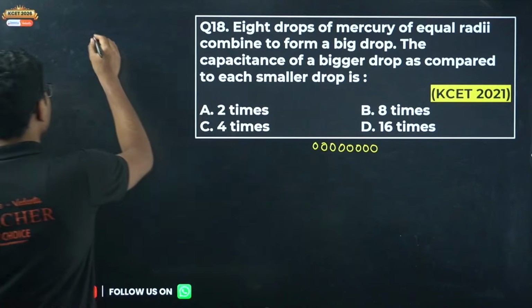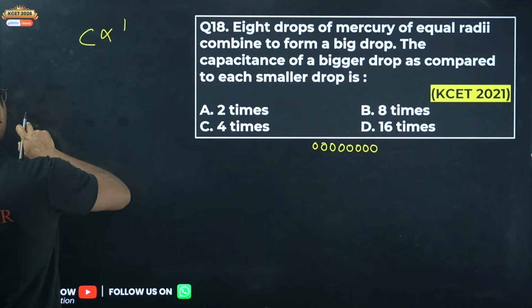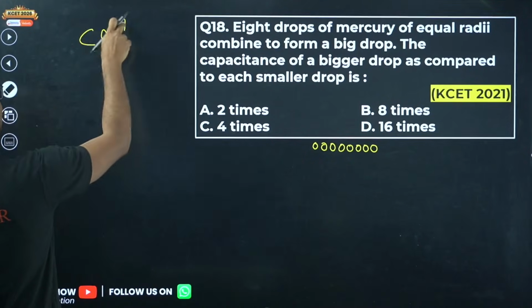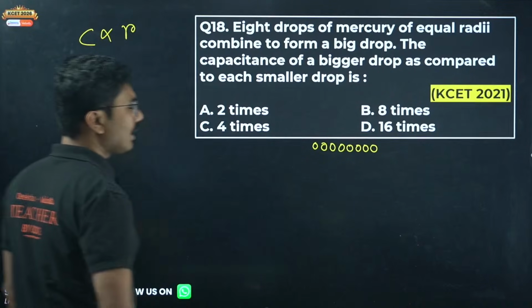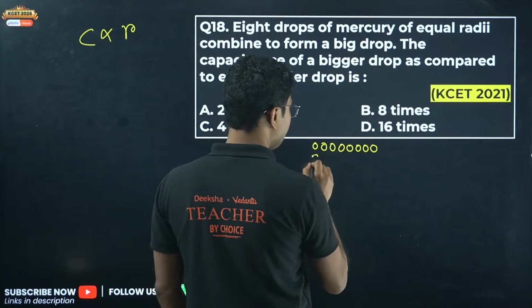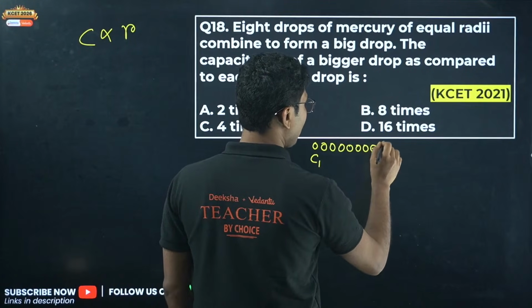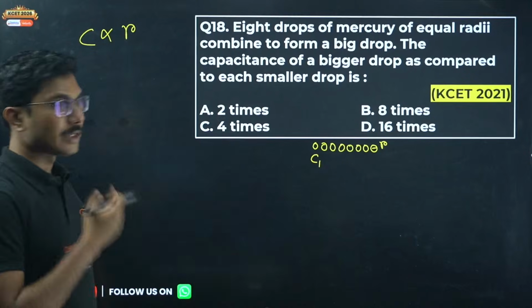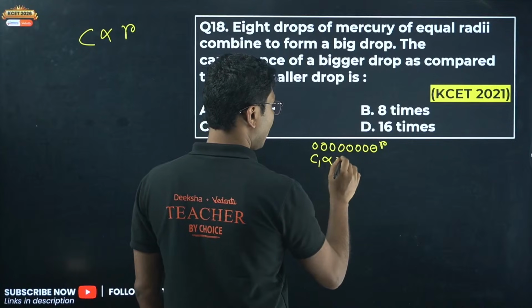Now the capacitance of a spherical capacitor is proportional to its radius. Suppose the smaller spheres have a capacitance of C1 and each of them has a radius of small r. So C1 must be proportional to small r.